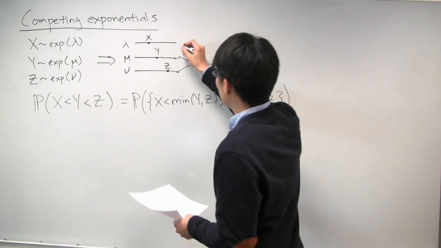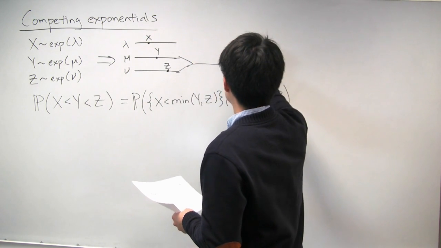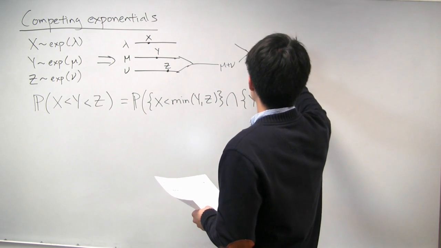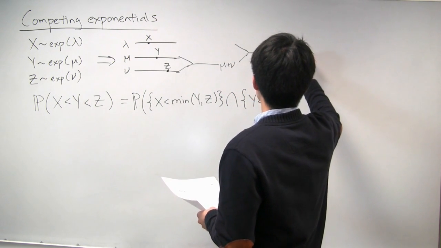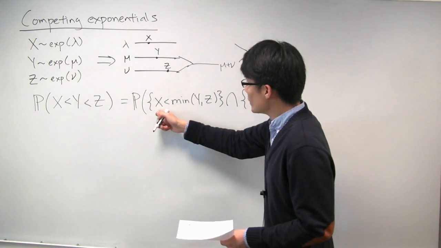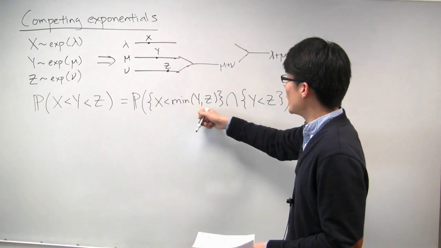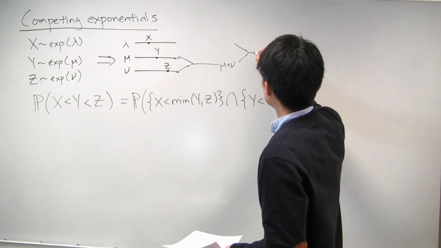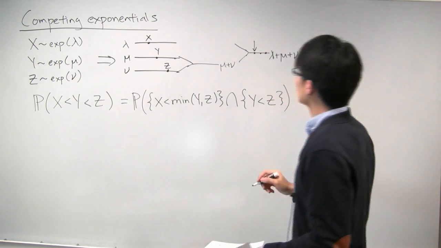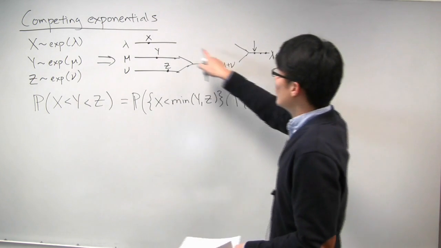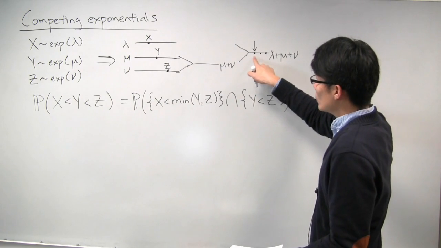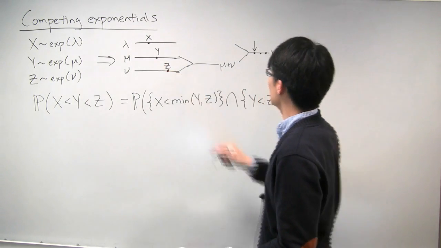We can also merge all three, giving another Poisson process with parameter lambda plus mu plus nu. In that context, X being less than the minimum of Y and Z just means that in this merged process, the first arrival came from the X process.